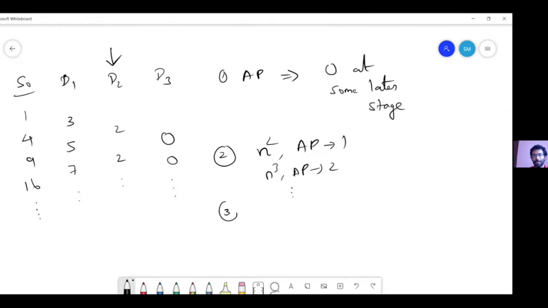So the first constant column, starting from squares, is 2, then 6, then 24, and then 120, and Shankar made this observation that these are all basically n factorial. So if you take n power k, then the constant term would be k factorial.